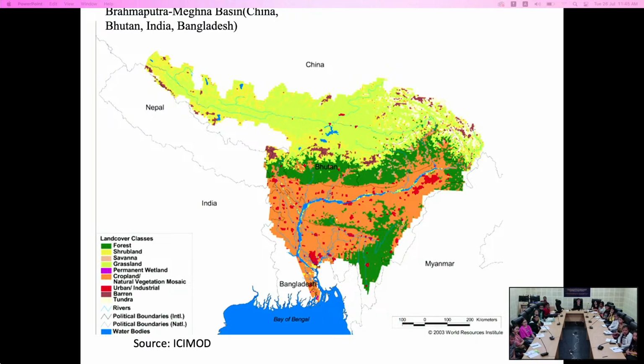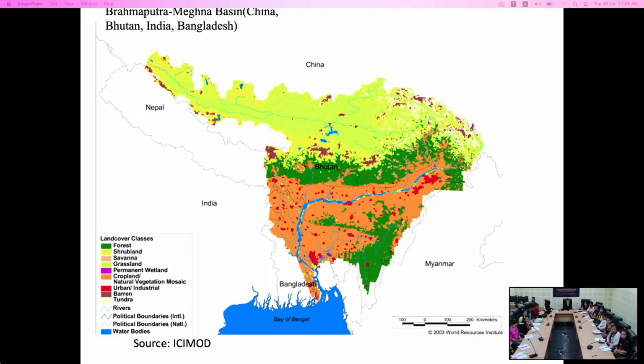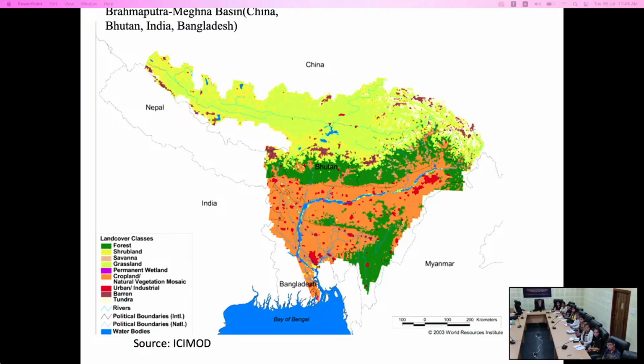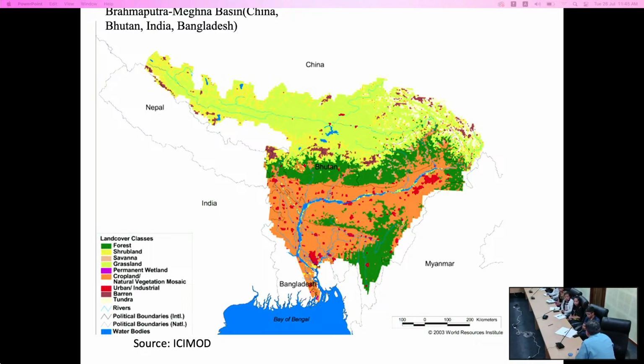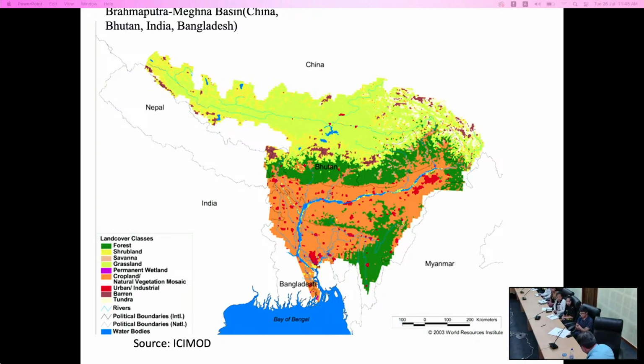So, on the way it floods. So, if you have a basin level idea, then it helps you to know the nature of flooding, and it helps you to understand the whole gamut of impact and vulnerability, right.